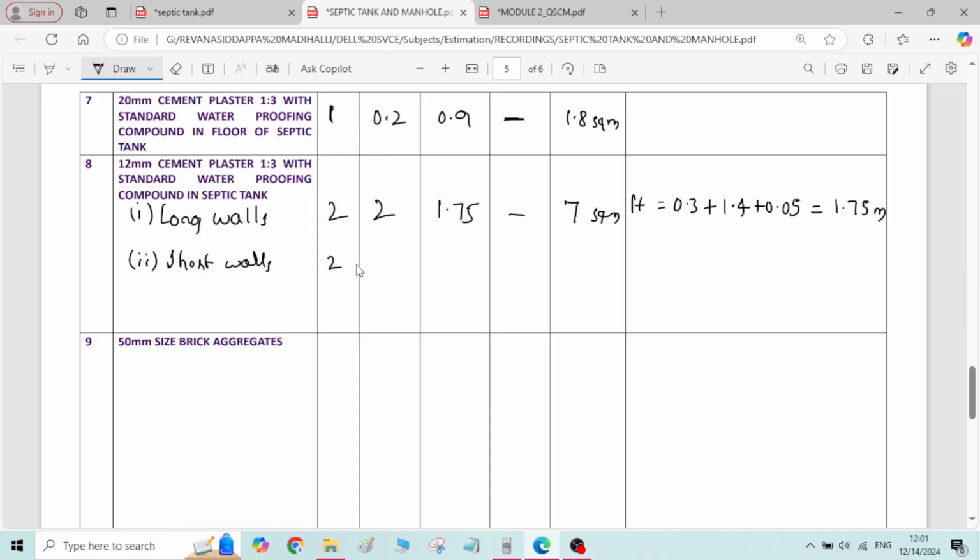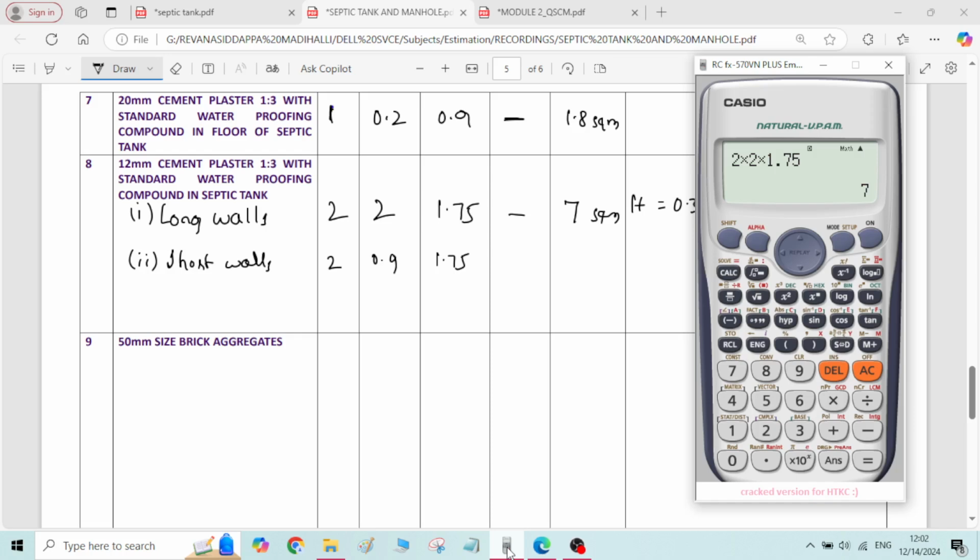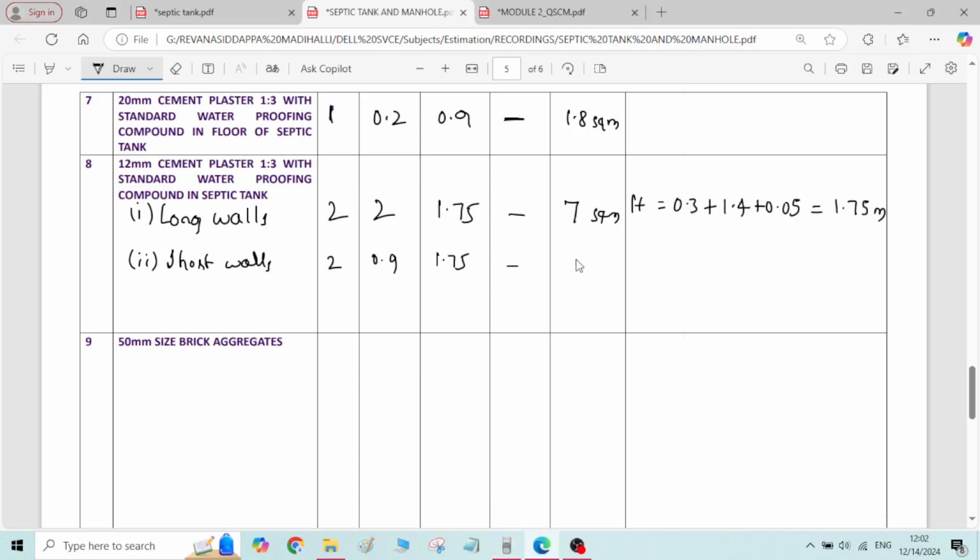Numbers is 2. 0.9 meter is the total length of the plastering work for the short walls, and height remains the same, 1.75 meter. For this, the answer is 2 into 0.9 into 1.75. It is how much? 3.15 square meter.